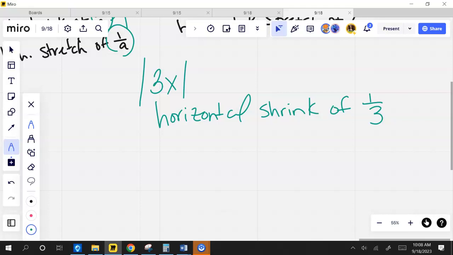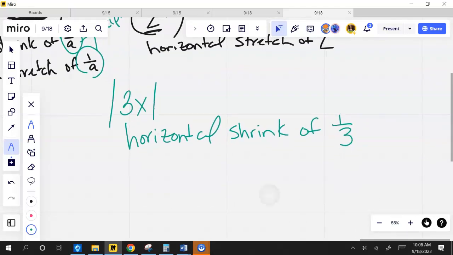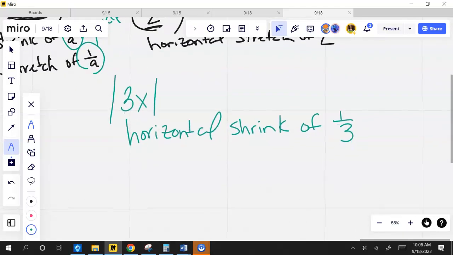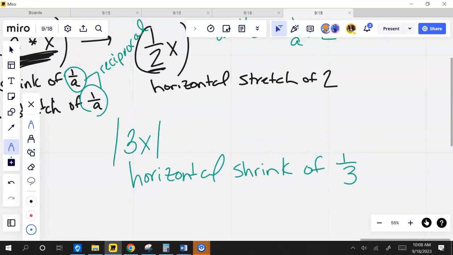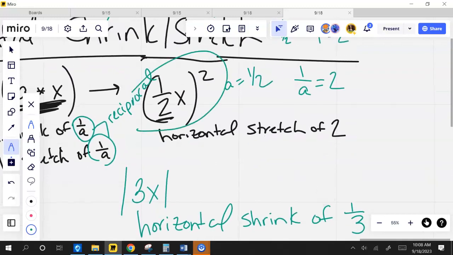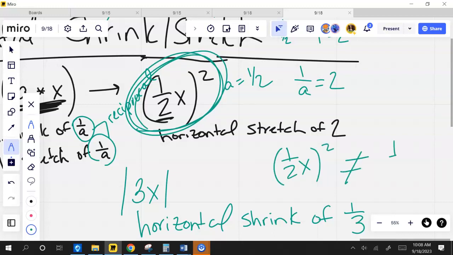No, but you got to get it right. Understand there's an operation going on here, okay? In other words, this is not the same as this.